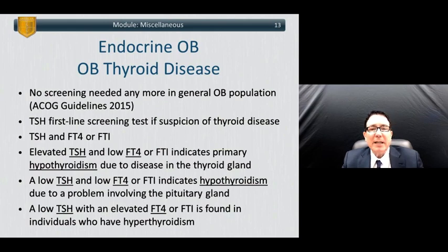Elevated TSH and a low FT4 indicates primary hypothyroidism due to disease in the thyroid gland. A low TSH and a low FT4 indicates hypothyroidism due to a problem involving the pituitary gland. And a low TSH with an elevated FT4 is found in individuals who have hyperthyroidism.